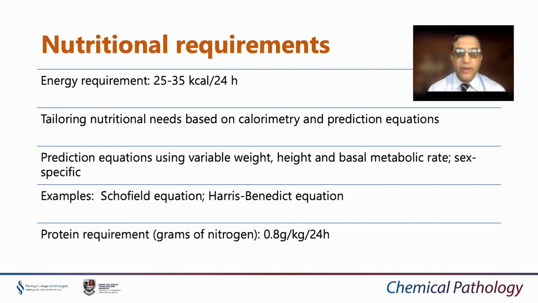However, tailoring the nutritional requirement to individual patients is required to ensure that their disease and general clinical condition is adequately met by providing them with a sufficient amount of nutrition. This can be accomplished by the use of calorimetry and prediction equations that we've spoken about previously.